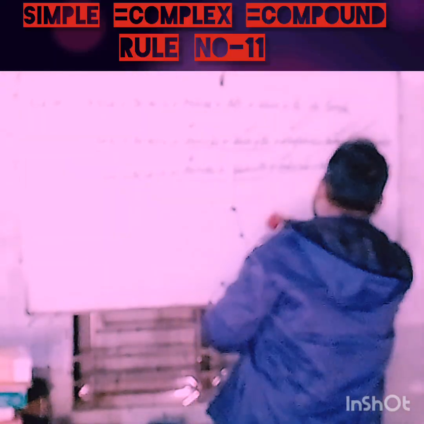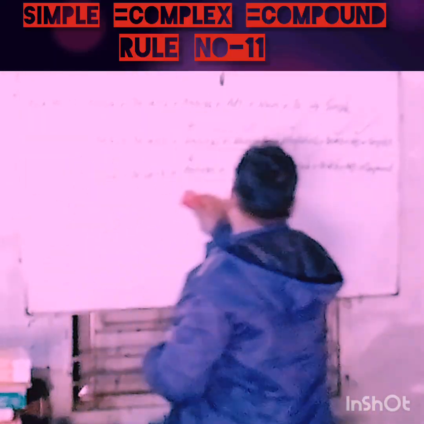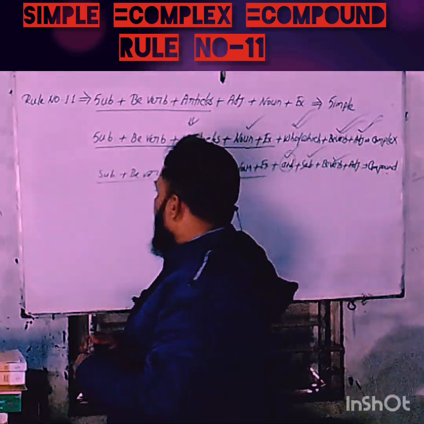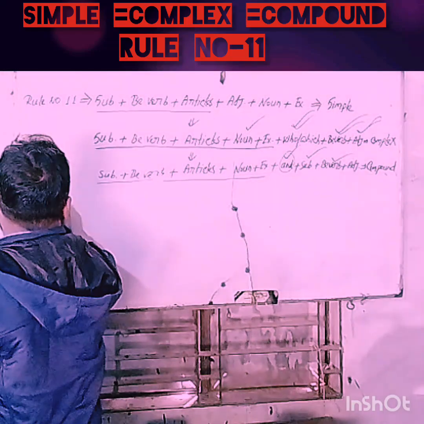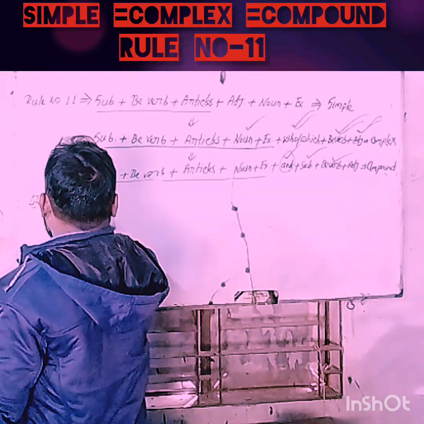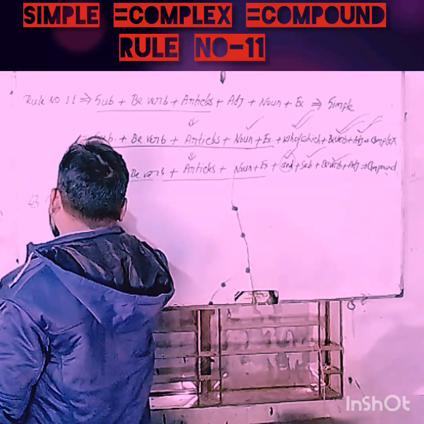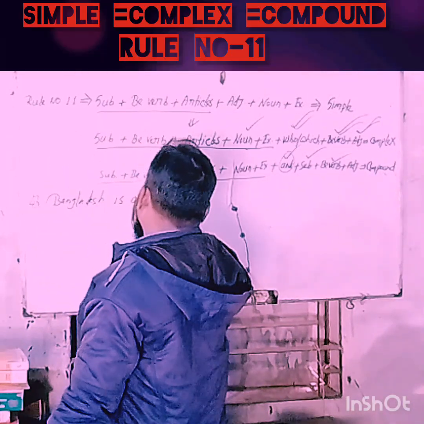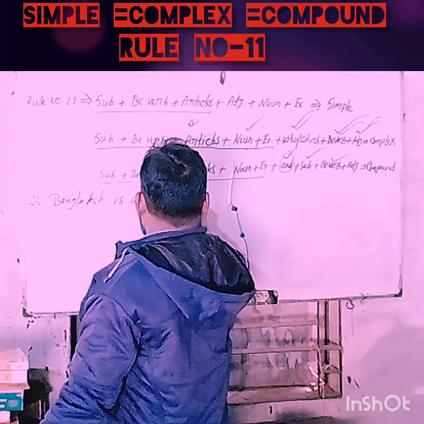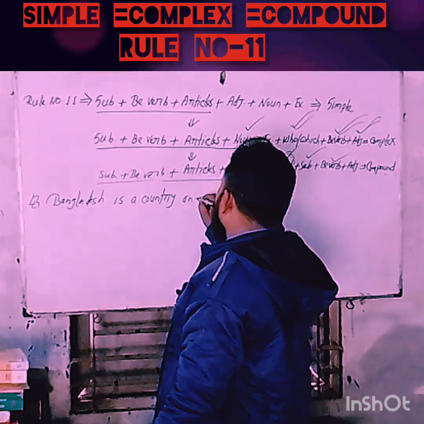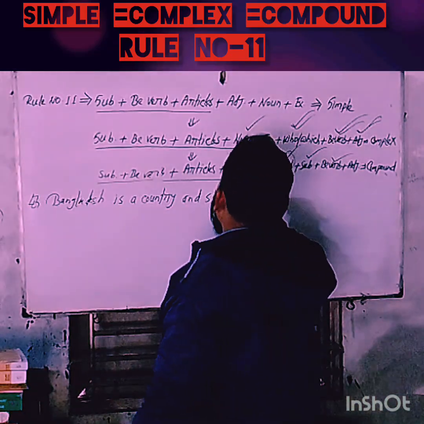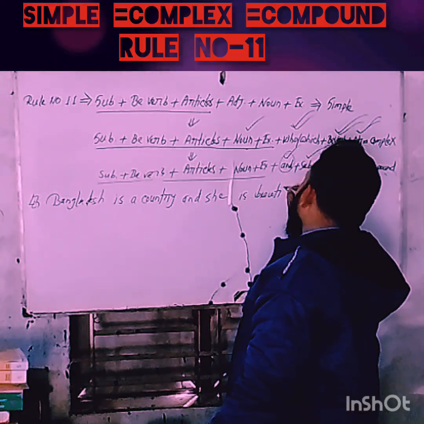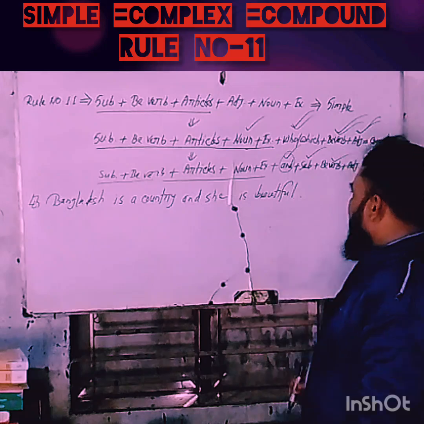Learners, let's now try to write another example to make you understand. So let's take a look at the board and try to understand. Bangladesh is a country, and it is beautiful.